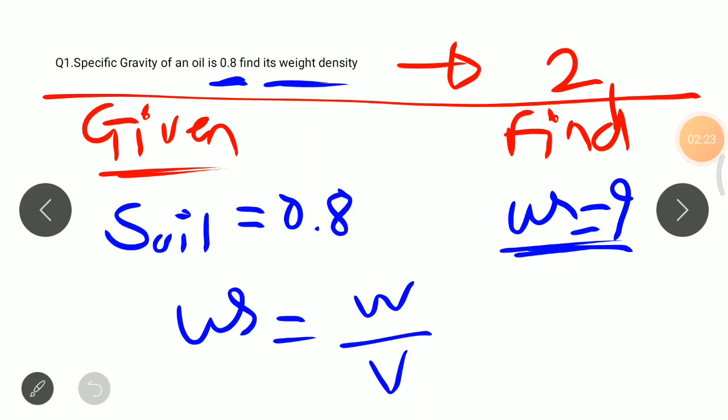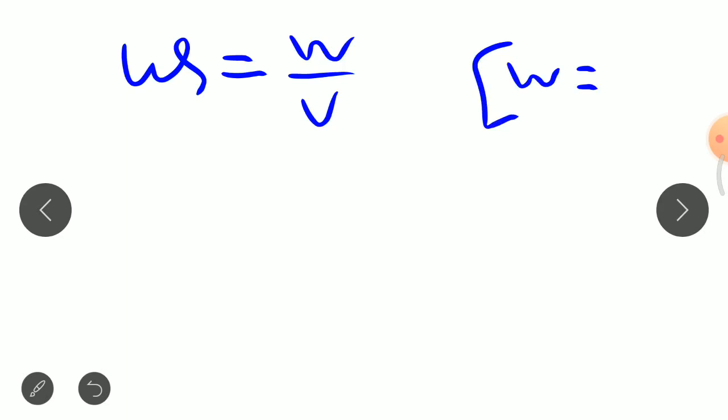बट अब यहाँ पे W एंड V दोनों की भी क्वांटिटी हमारे पास स्टेटमेंट में नहीं है, तो हम इस फॉर्मूला को ऐसे भी लिख सकते हैं, रो इंटू जी. Why? Because weight density is equal to W upon V, but W is equal to mass into G, that is gravitational force.